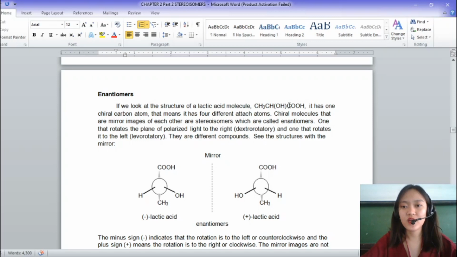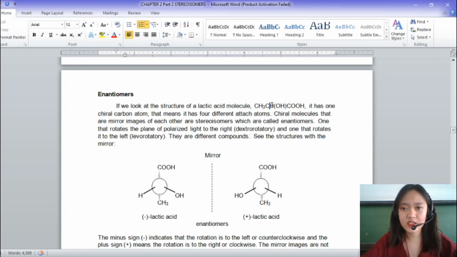Last group naman, you have 2 of the same oxygen na nakadikit sa kanya or bonded with your carbon atom. So, your number 3 carbon is not a chiral carbon atom. The second one is the chiral carbon atom because it has 4 different functional groups that are bonded to it.